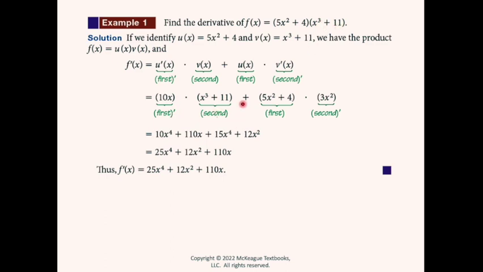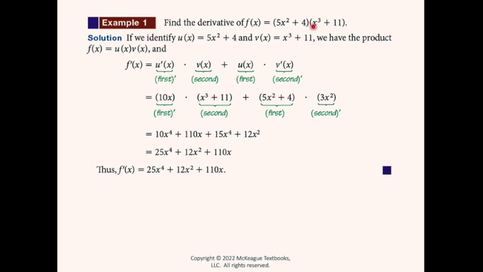And then we add the next term, which is going to be when you take the first factor, which is our u of x, 5x squared plus 4, and multiply it by the derivative of the second factor, which is x to the third plus 11. When I take the derivative of x to the third plus 11, I bring the 3 down in front.